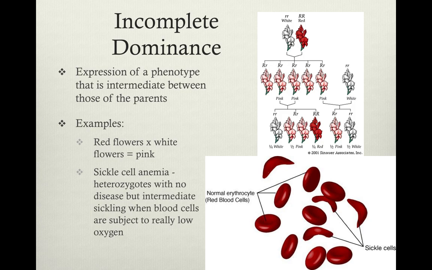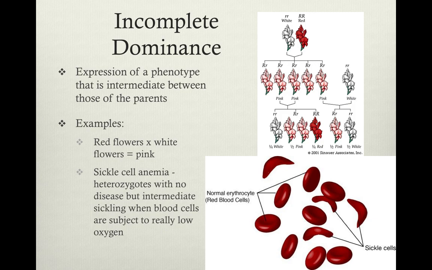We also see this present in some diseases like sickle cell anemia. The reason we haven't gotten rid of sickle cell anemia is because individuals who are heterozygous actually confer a genetic advantage in terms of innate immunity to malaria. But individuals who are heterozygous will experience intermediate sickling when their blood cells are exposed to really low oxygen.